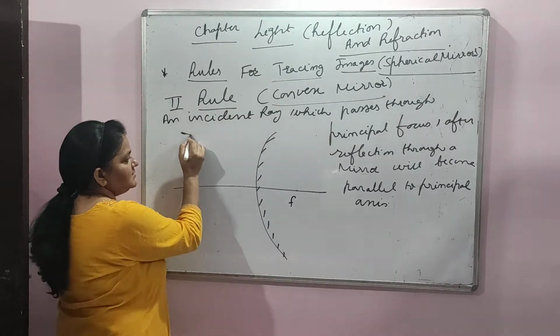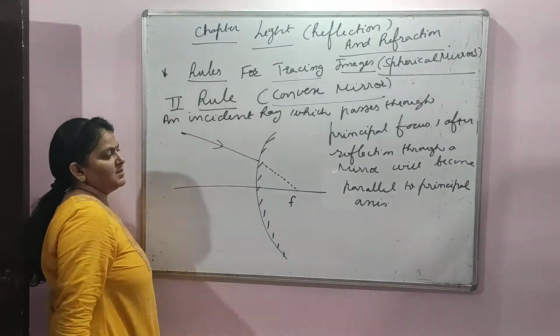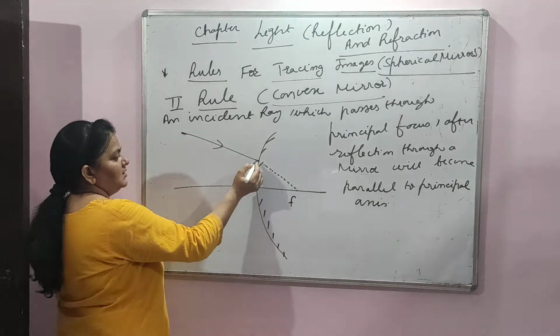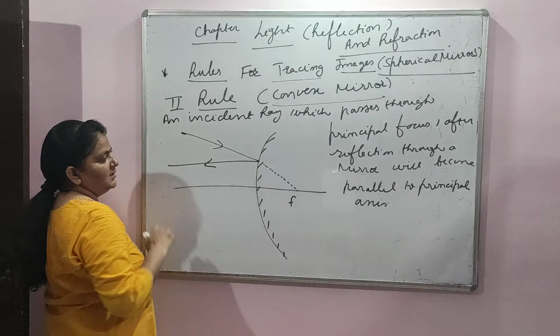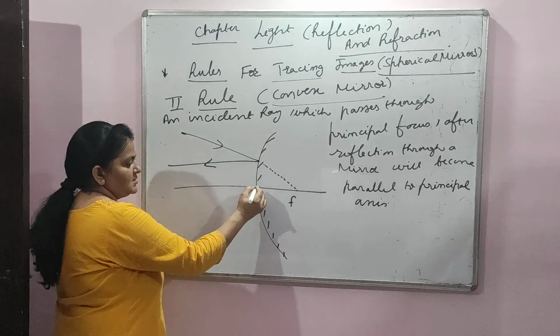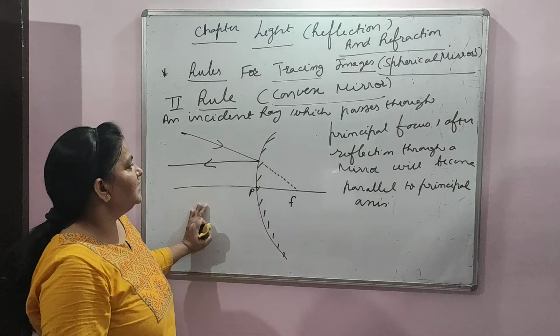An incident ray which appears to pass or which appears to come across the principal focus will become parallel to the principal axis after reflection.